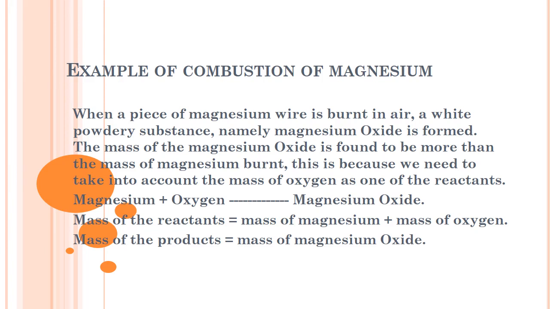This is because we need to take into account the mass of oxygen as one of the reactants. Then magnesium plus oxygen gives magnesium oxide. The mass of the reactants is equal to the sum of the mass of magnesium and that of oxygen, and the mass of the products is equal to the mass of the magnesium oxide formed.